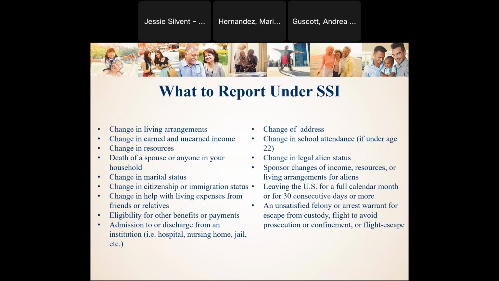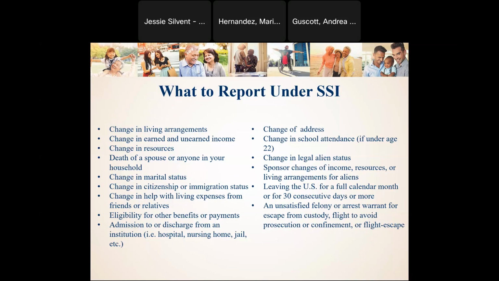So in addition to earnings, I wanted to highlight, I'm not going to go through all these, but just a few additional changes that we frequently see as the source of SSI overpayments when they are not reported timely. Changes in living arrangements, resources. So resources could be anything that you own that can be liquidated into cash, life insurance policy, bank accounts, 401ks, pensions, IRAs, vehicles, or properties.